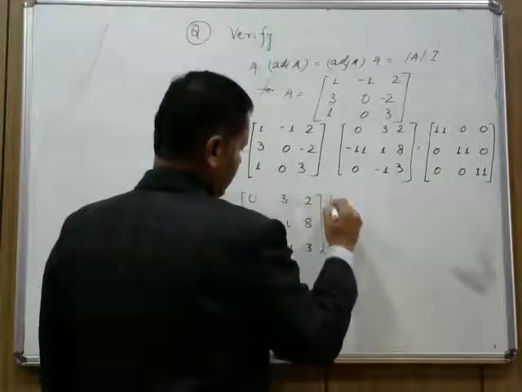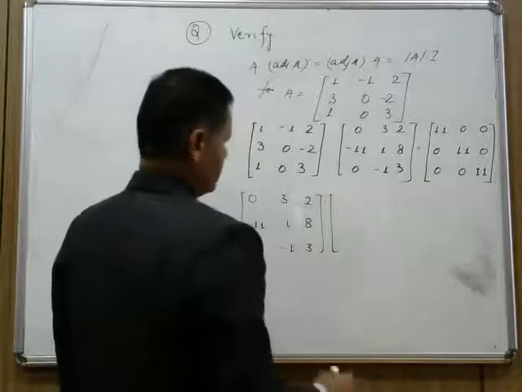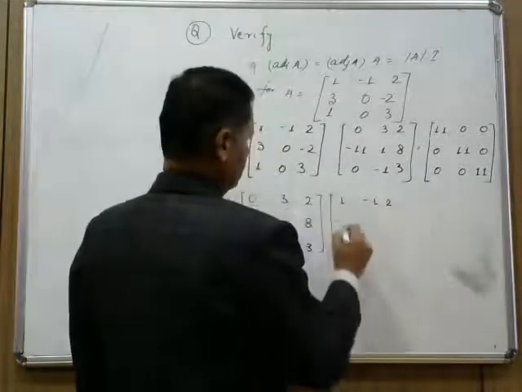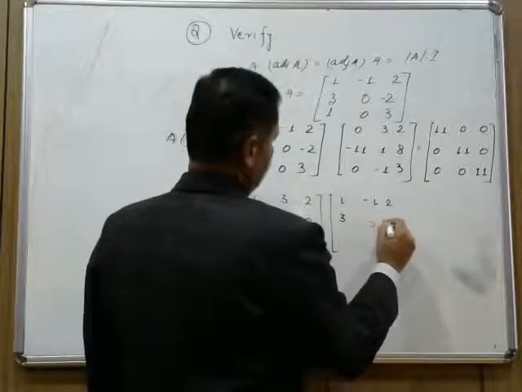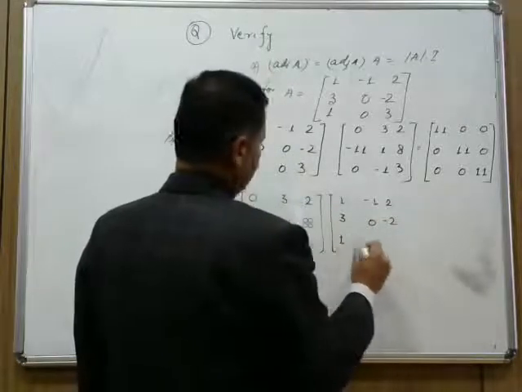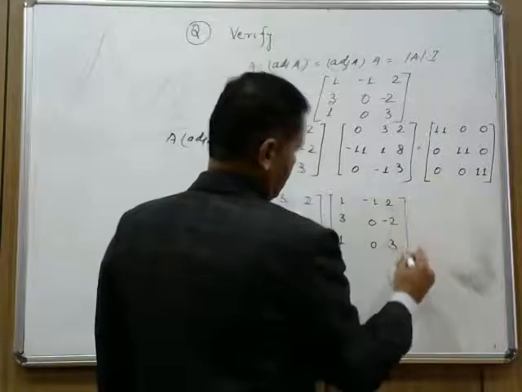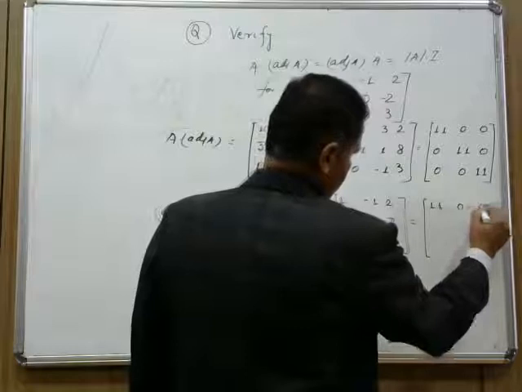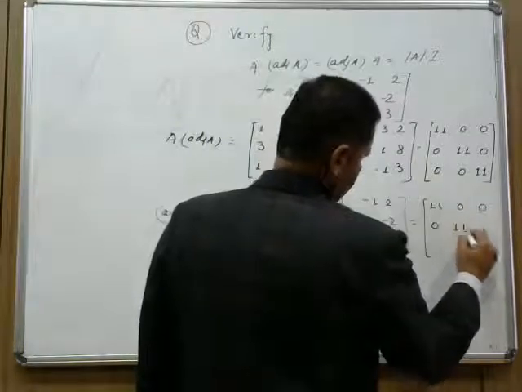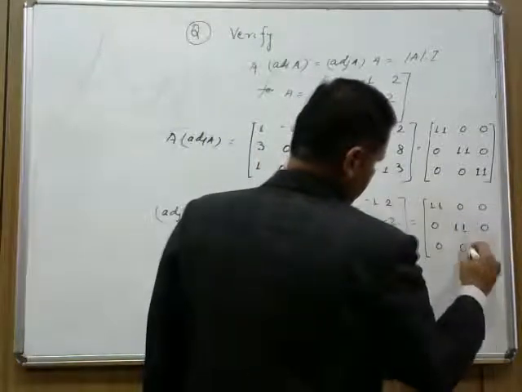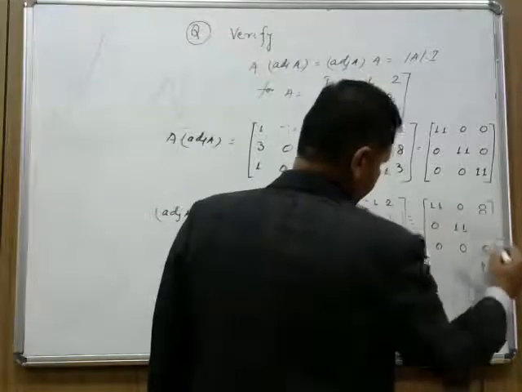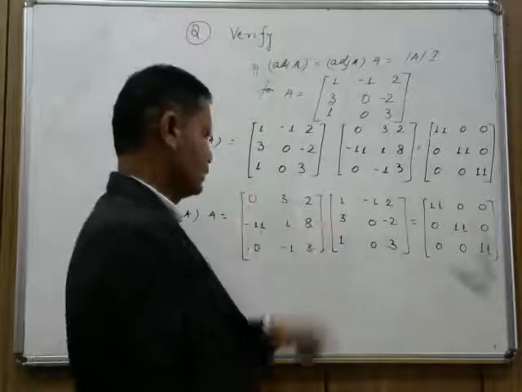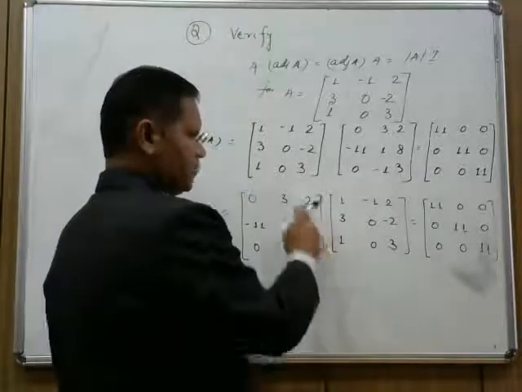It's a very, very important result. This multiplied by A, 1, minus 1, 2, 3, 0, minus 2, 1, 0, 3. Now multiply it. Again you will get the result 11, 0, 0, 0, 11, 0, 0, 0 and 11. Check it once. 0 into 1, 0, 3 into 3, 9 plus 2, 11.